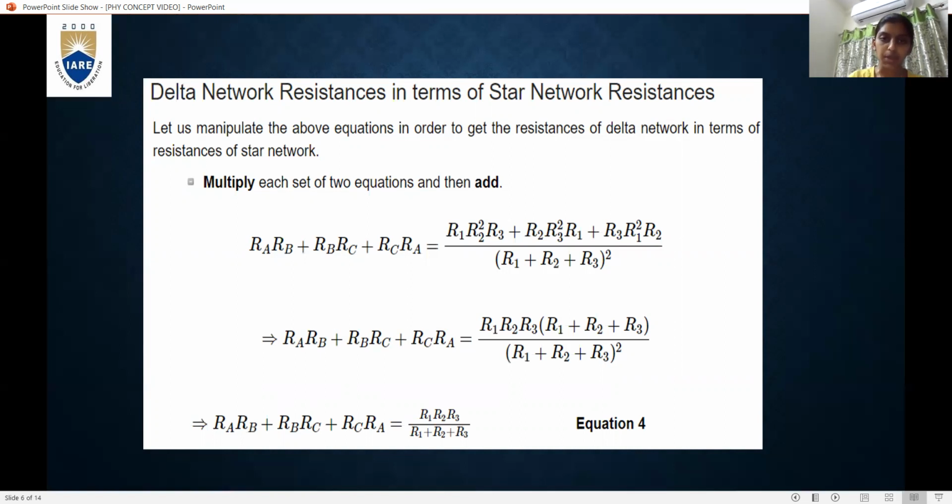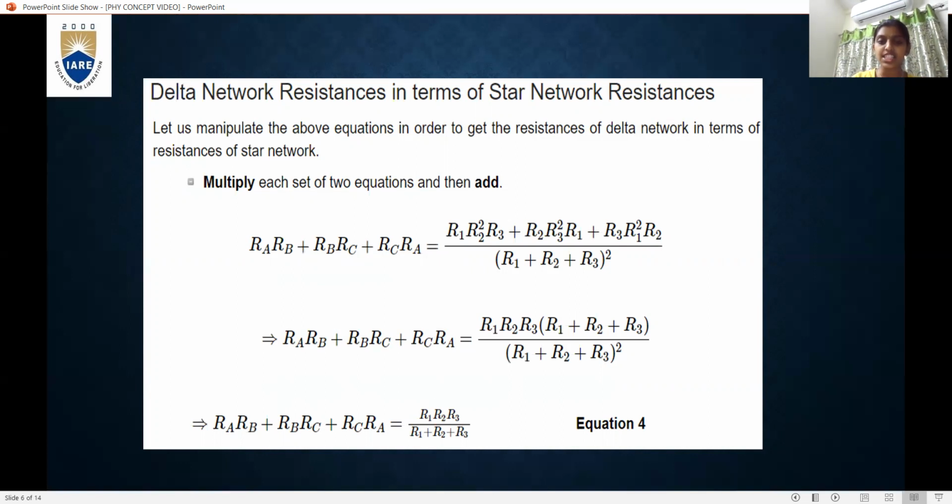So RA plus RC plus RA is equal to, after multiplication and adding, R1 R2 square into R3 plus R2 into R3 square into R1 plus R3 into R2 into R1 square by (R1 plus R2 plus R3) whole square.